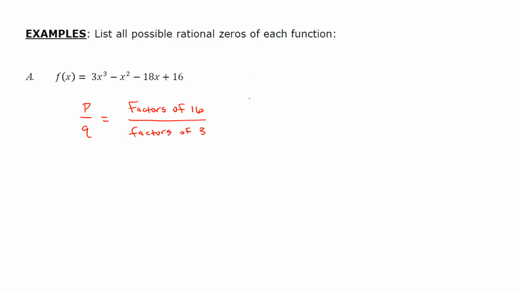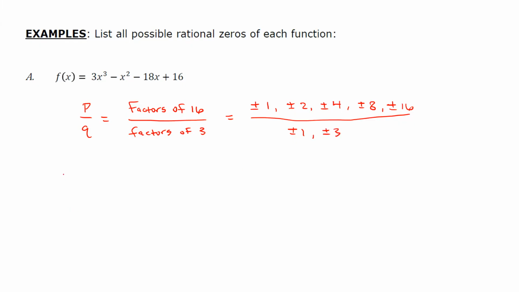And 3 is our leading coefficient. Now the factors of 16 are plus or minus 1, 2, 4, 8, and 16. And the factors of 3 are plus or minus 1 and plus or minus 3.